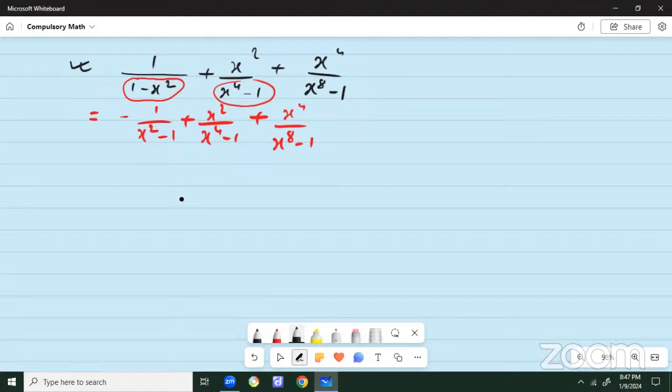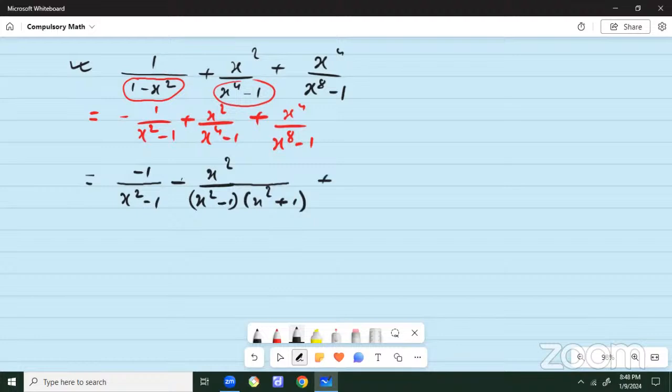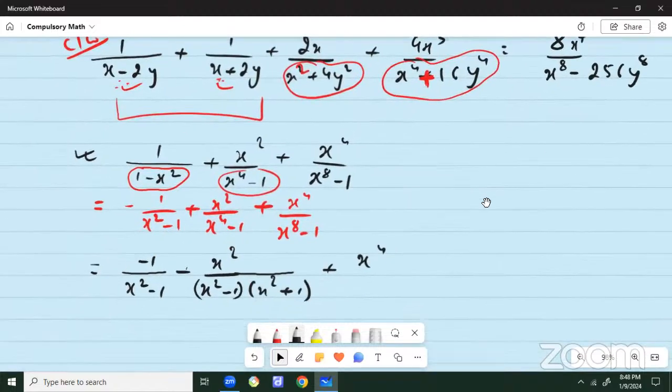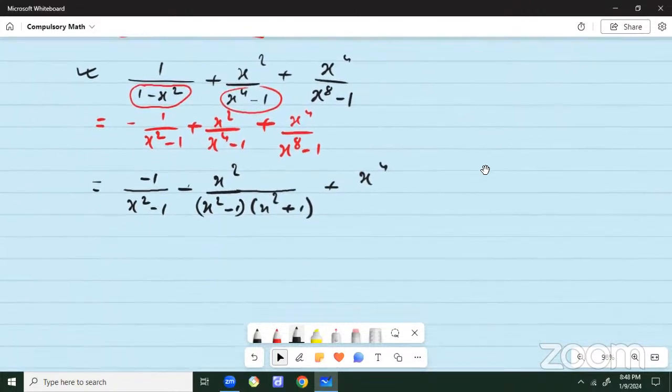Tell me what you did after this. Hello, Ayush, what did you do? I just got 8x to the power 7 upon x to the power 8 minus 256 y square. Okay, that's the previous one. We are here. Thank you very much, Ayush. Now we are doing this number.